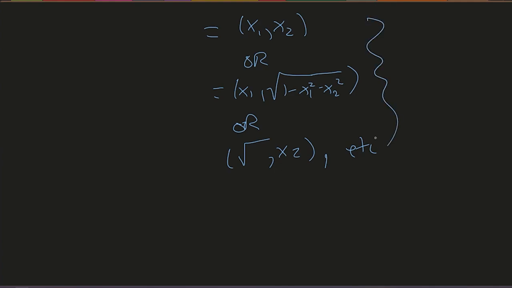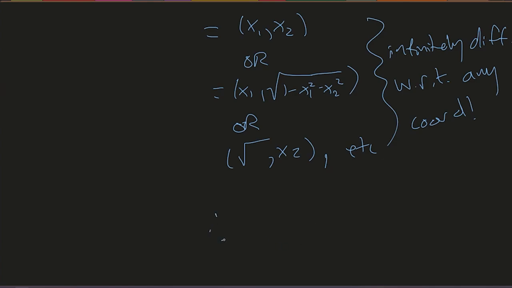So therefore, the overlap map is C infinity. And that's it for this part of the problem.